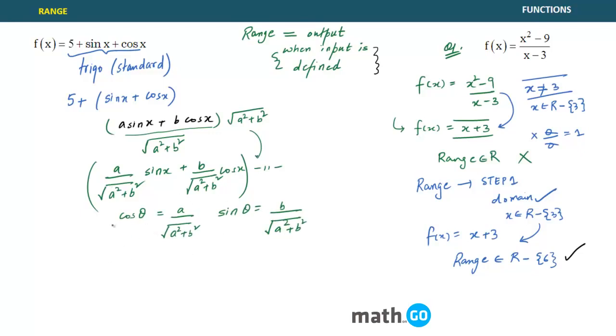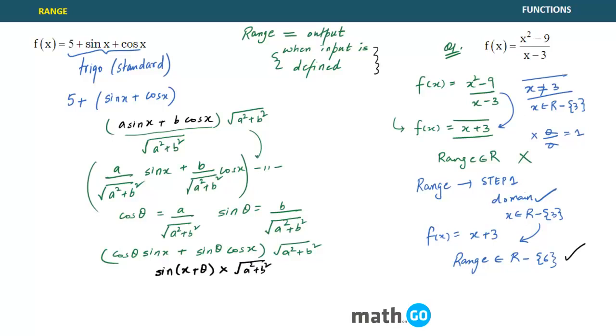So this complete quantity will become cos theta sin x plus sin theta cos x into under root a square plus b square. And what is this formula then? This reduces to sin of x plus theta into under root a square plus b square, right?